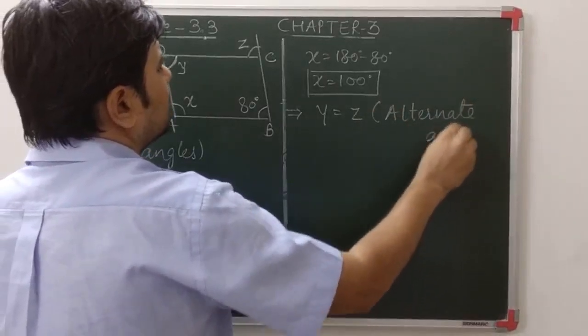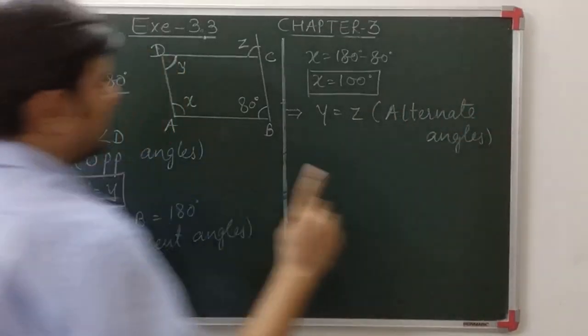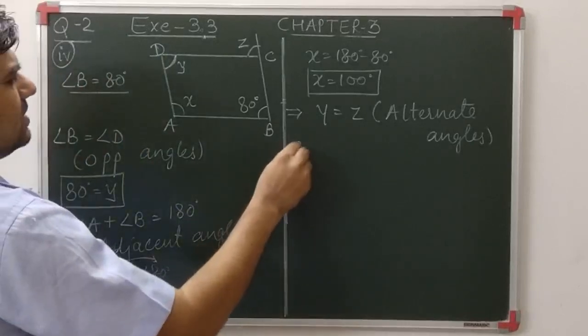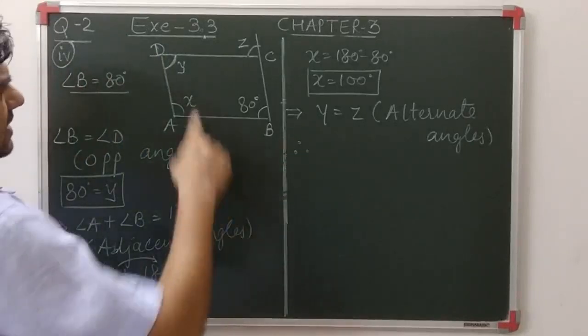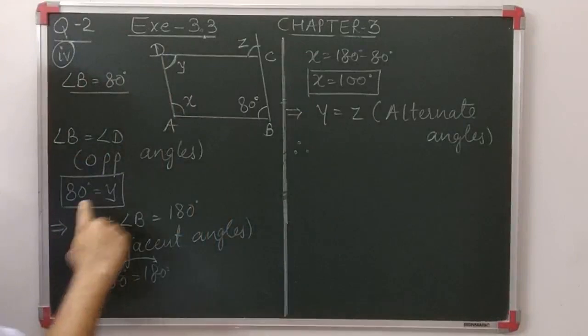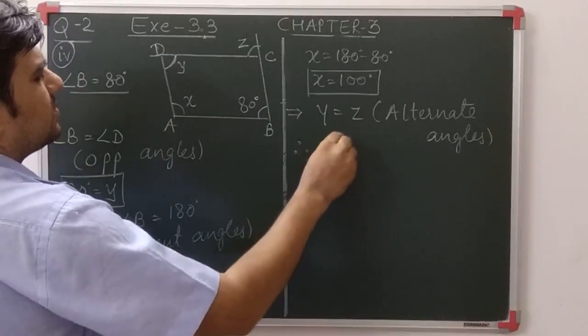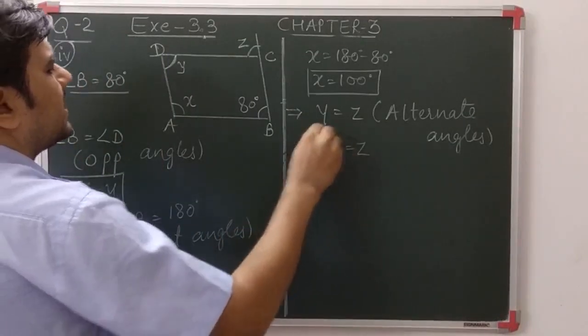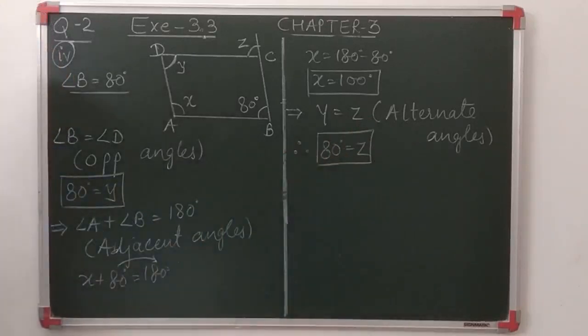If you go by this method, remember that we can save one step to note down. Our one step is saved. The angle Y we have is 80 degrees, so we can say that the value of angle Z is also 80 degrees. Thus, we obtain all the values of X, Y and Z.